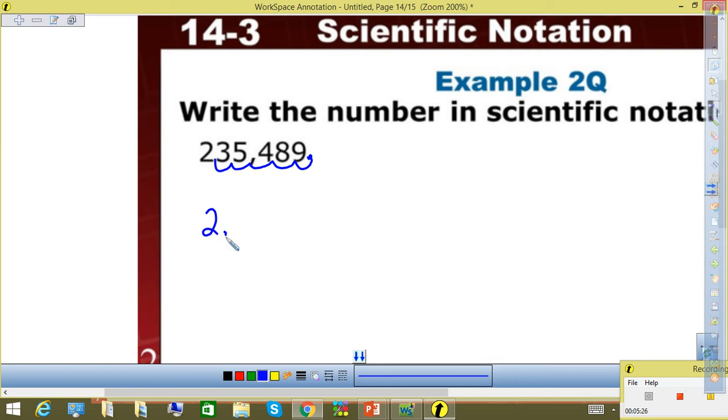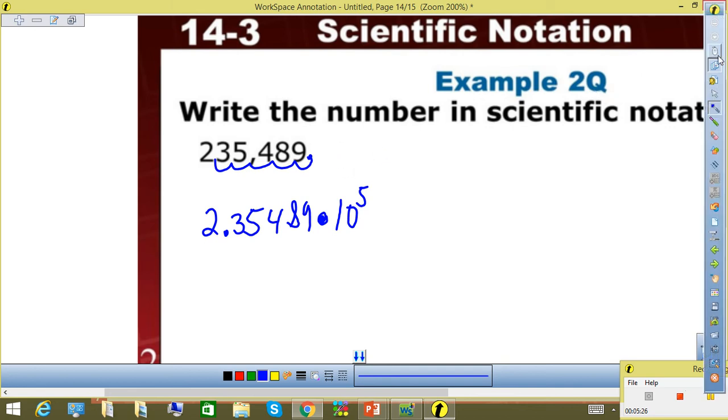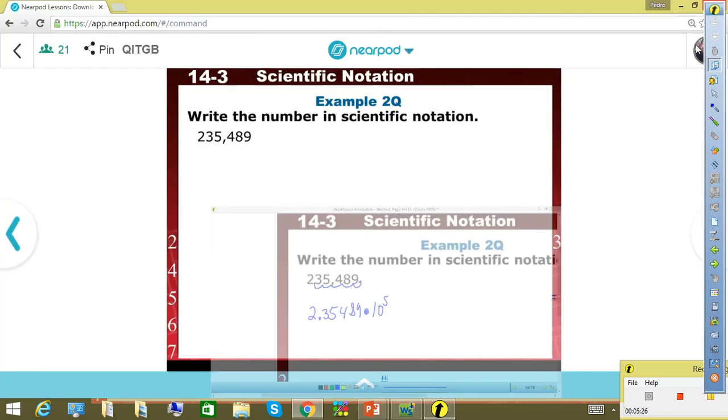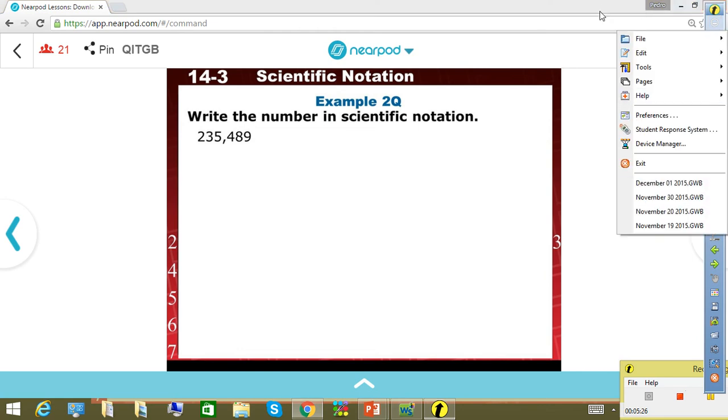So then it's 2.35489 times 10 to the 5th. Remember that? Okay. But notice that we're moving it to the left, right? So the exponent has to be positive because we're changing it from standard to scientific. So now watch. Look at this next one.